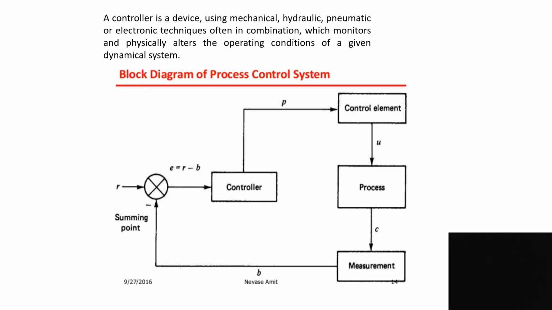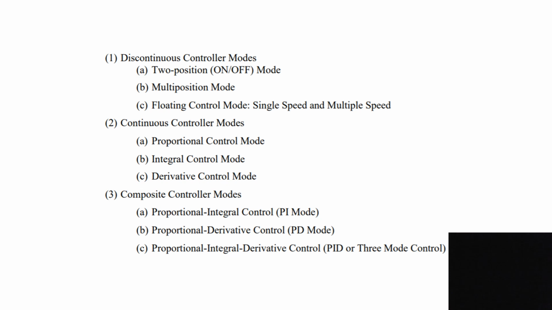You can see this is a basic block diagram of a controller. The input to the controller is the set point minus the process variable, and the output of the controller is a control signal. We categorize controllers into three modes: discontinuous mode, continuous mode, and composite mode. Under discontinuous mode you have on-off, multi-position and floating control.